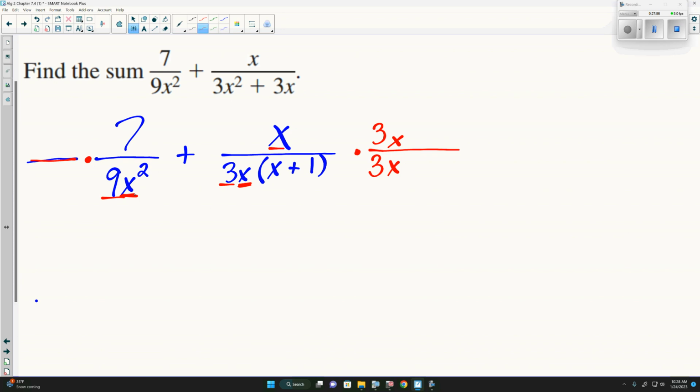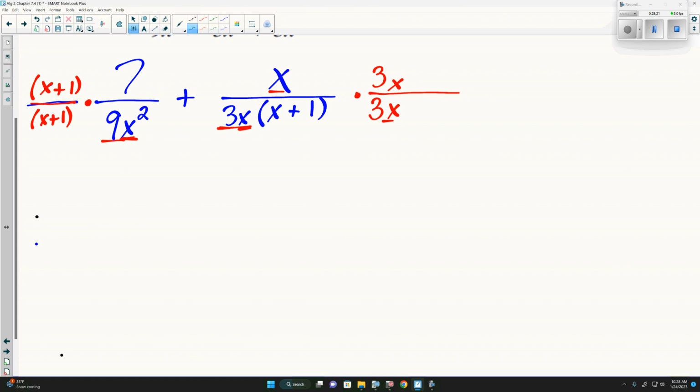Okay. So we have 3x times 3x, which would give us 9x squared on both, yes? Is there anything the one on the left is missing that the one on the right has? X plus 1, yes? So the one on the left, we're going to have to multiply top and bottom by x plus 1. Now, before we do the numerators, I want to do the denominators first.